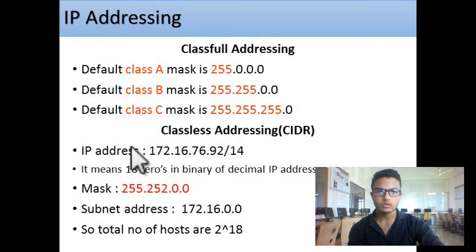Each IP belongs to a particular class. That's why it is known as classful addressing. Now, the default mask and its range are given to you. Classless addressing is also known as CIDR, classless inter-domain routing. In classful addressing, if any company needs more than 254 host machines, but far fewer than the 65533 host addresses, then the only option for the company is to take a class B address.